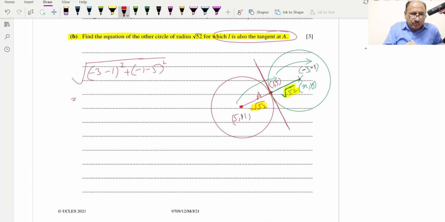We are applying the distance formula to check the radius, so it will be 4 squared, which is 16, plus 6 squared, which is 36, under root, and this will be equal to the square root of 52.